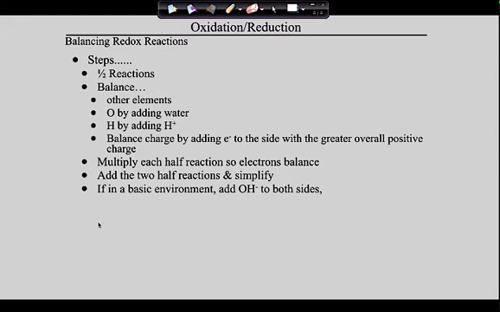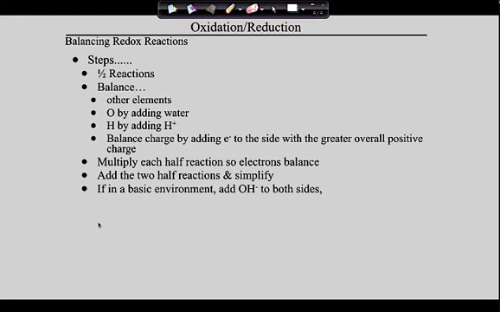First, balance all the other elements except for hydrogen and oxygen. Then balance the oxygens by adding water. Then balance the hydrogens by adding protons. Then balance the charges by adding electrons to the sides of the half reactions that cause the charges to balance.